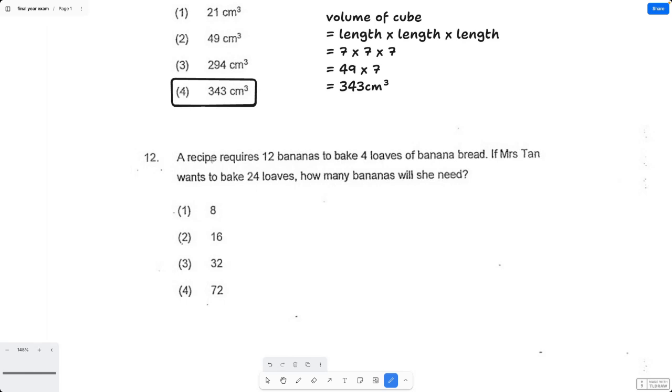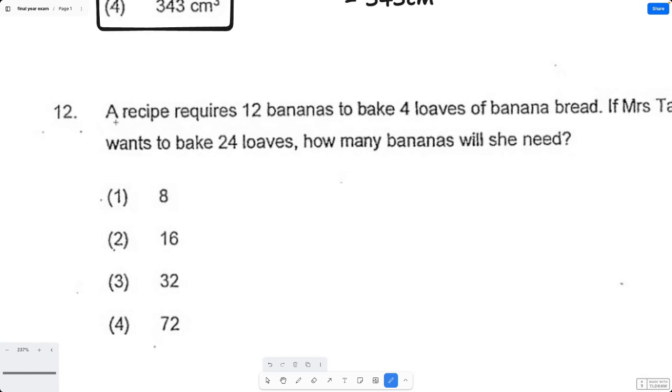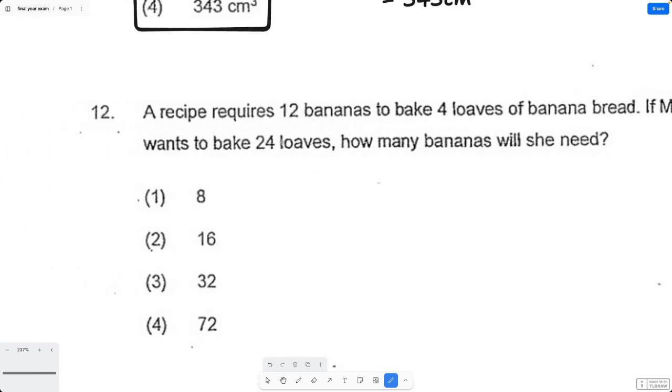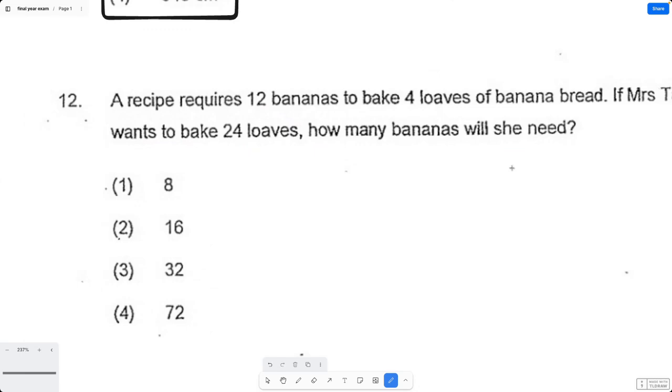Question number 12. It says a recipe requires 12 bananas to bake 4 loaves of banana bread. If Mrs. Tan wants to bake 24 loaves, how many bananas will she need?